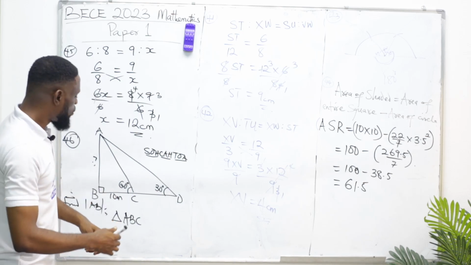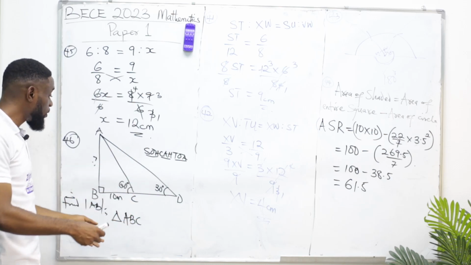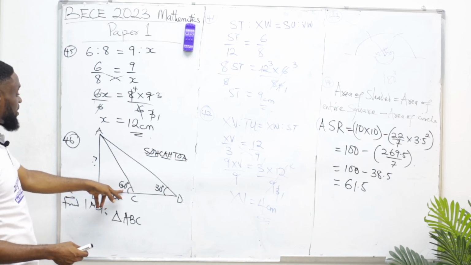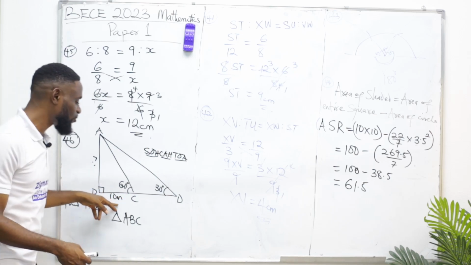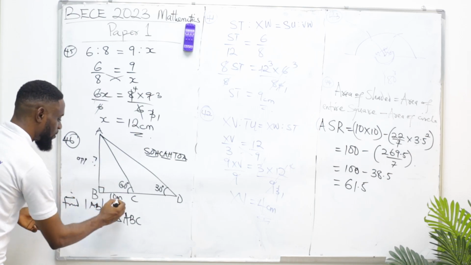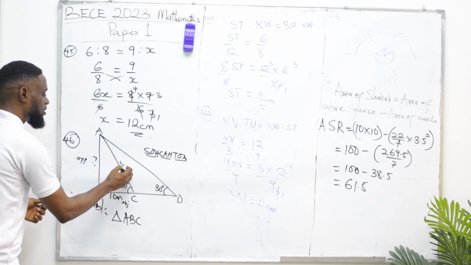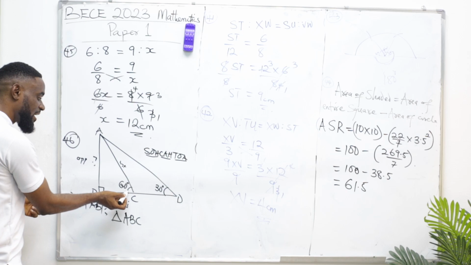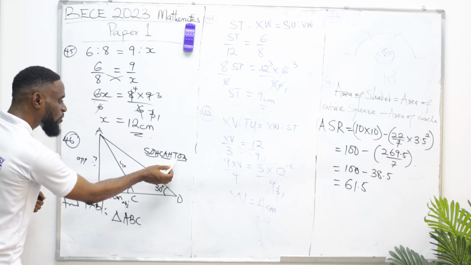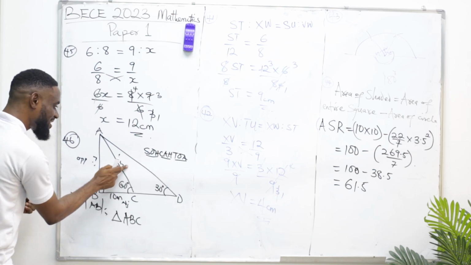So you ask yourself, which trigonometric ratio will you use to have this angle given here, and include opposite and adjacent? We have said that this is our opposite, this is our adjacent, and this is our hypotenuse. Remember, there is nothing on the hypotenuse here.